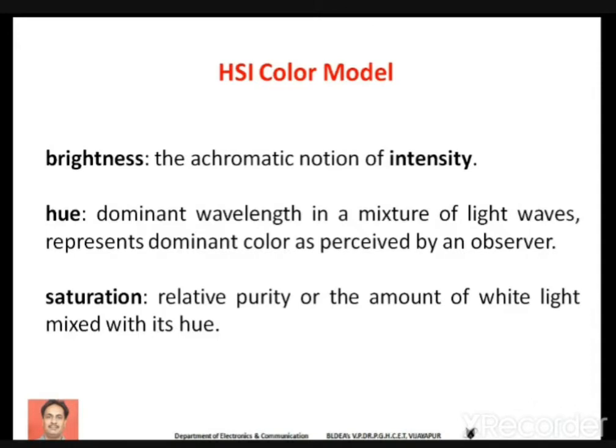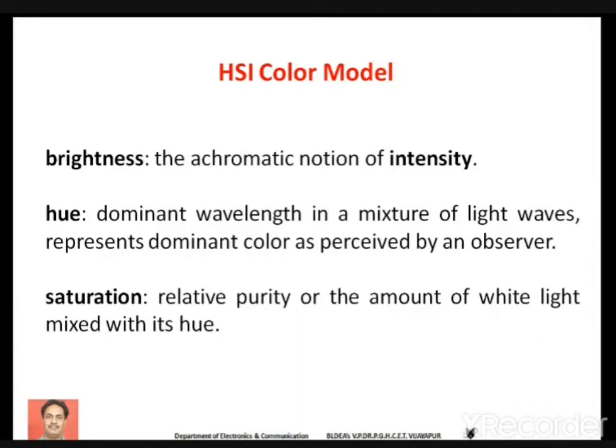And we have saturation. Saturation is the relative purity of the color. A pure color will have high saturation, and mixed colors will have low saturation. So saturation indicates how pure the color is, the amount of purity of the color.